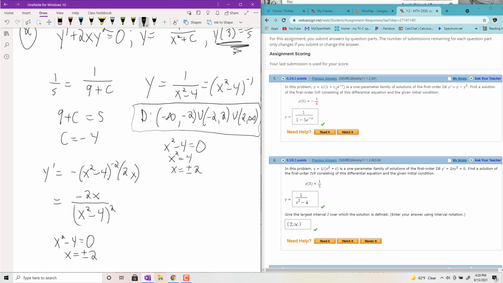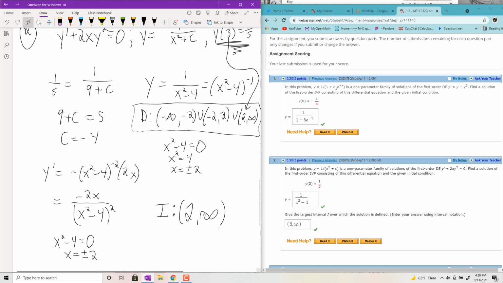The interval of definition is just one interval, so you have to pick the correct one. In an initial value problem, it will be the interval where your initial value is. Our initial value is x equals 3, which means we're in the rightmost interval from 2 to infinity.